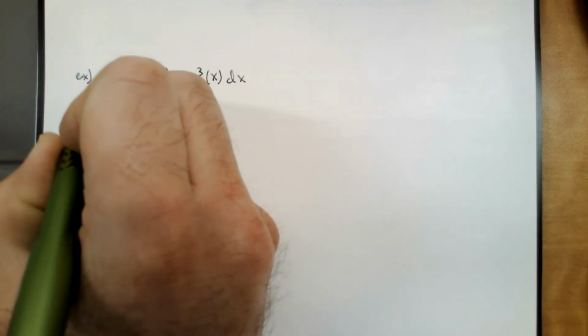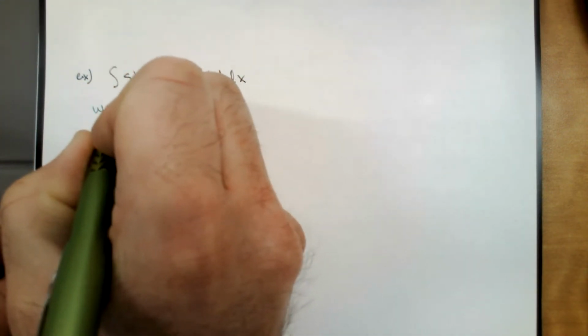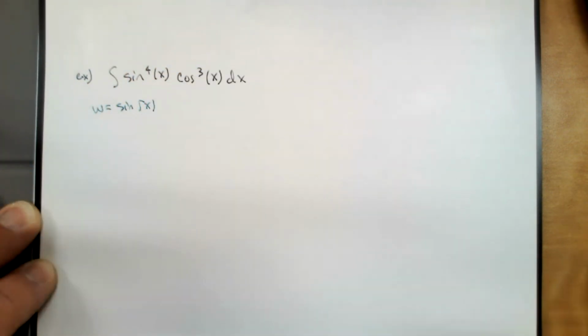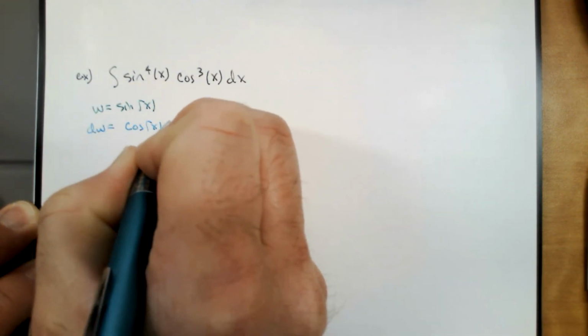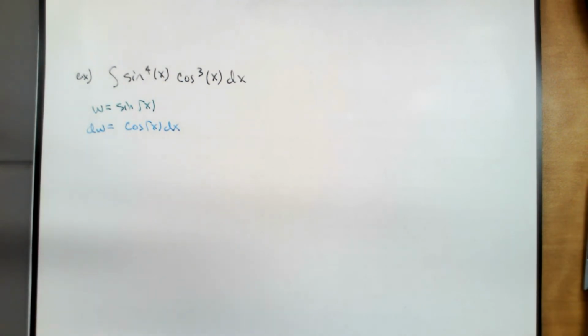So if I make the substitution, w equals sine x, then dw is cosine x dx. What will make the substitution work is 1 factor of cosine. We have that because we have 3 factors of cosine. One of them will be the dw, and I have to do something else with the other 2.